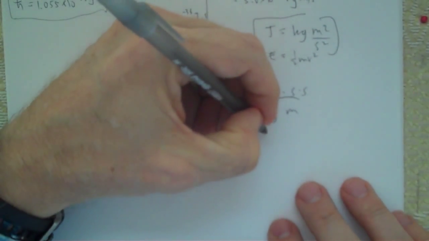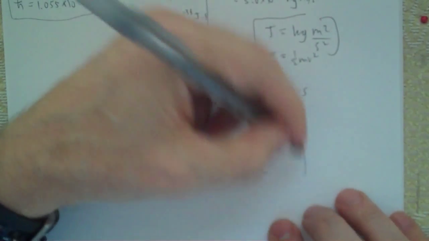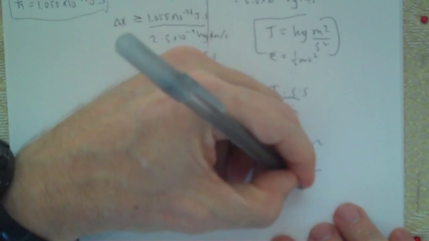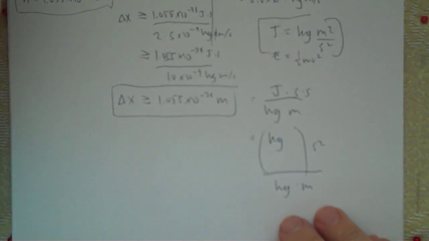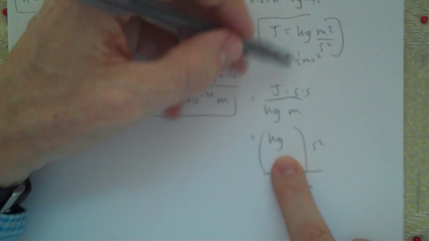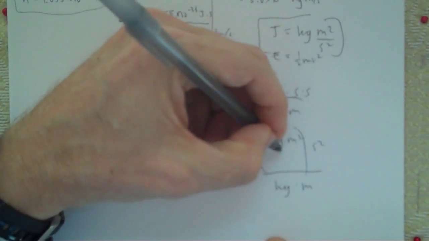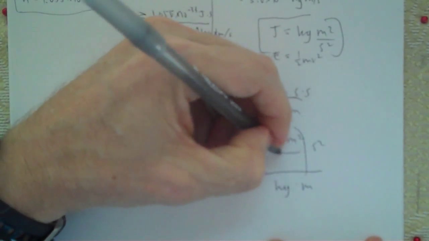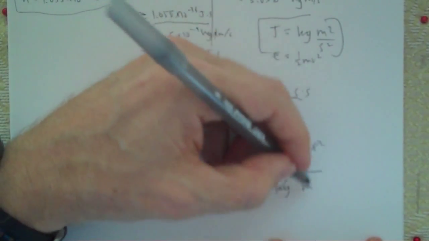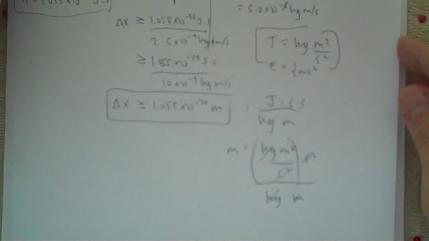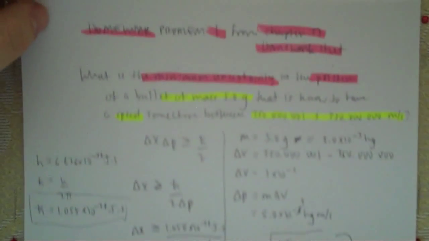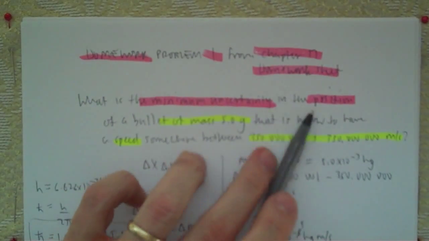A joule is a kilogram meter squared over second squared, so I'm rewriting it with that version of joule. I can see my seconds cancel, my kilograms cancel, and one of my meters cancels, which is what I wanted. So that's the answer for the minimum uncertainty in the position.